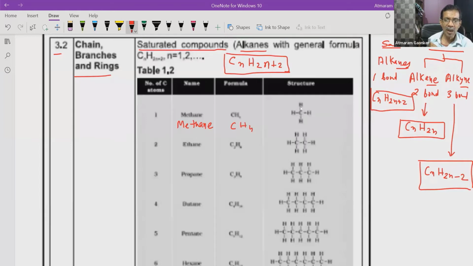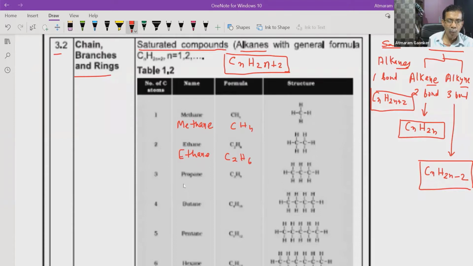So it is C with 4 hydrogens, you can see here. Then is ethane. Ethane is C2H6. So twice of 2 will become 4. 4 plus 2 will become 6. And this is the structure.